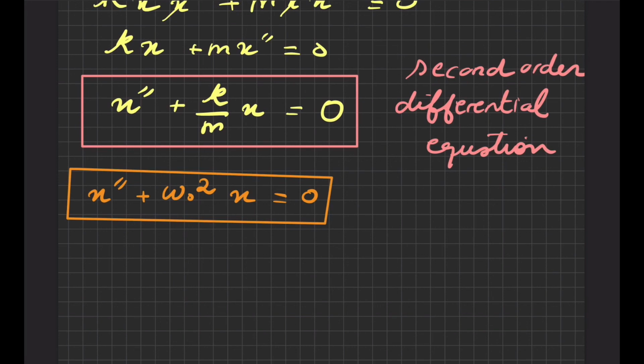And omega 0 squared equals k over m, right? Then omega equals radical k over m. We have seen this before.